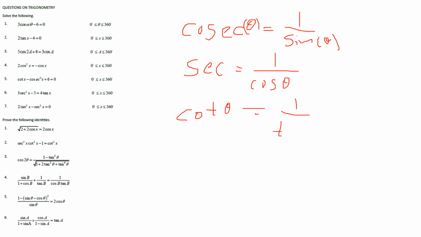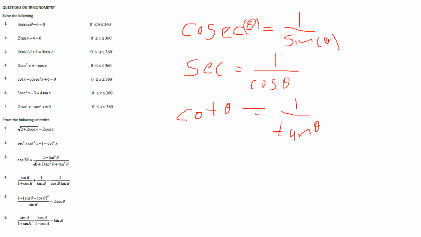So these are just reciprocals of our normal trig functions: sine, cos, and tangent. If it's cosec, that means it's 1 over sine. If it's sec, it's 1 over cos. So cot goes with tangent, sec with cos, and cosec with sine.